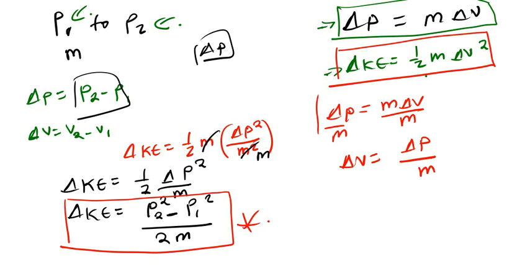When we say change in momentum, what I want you to understand is this. The answer that we have found is the change in kinetic energy being equal to P2 squared minus P1 squared divided by 2m.